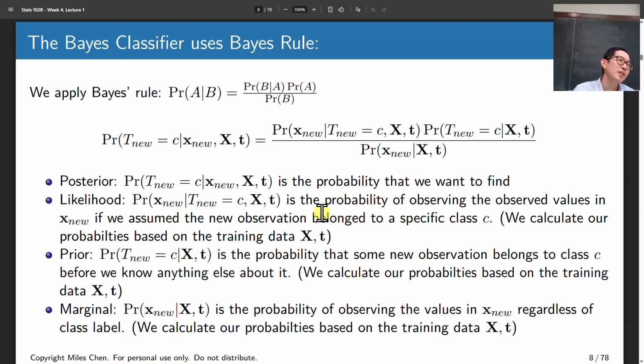And so, just an overly simplified example, let's say you're trying to guess what is someone's gender based on the height. And so X would be the person's height, C would be the person's gender.